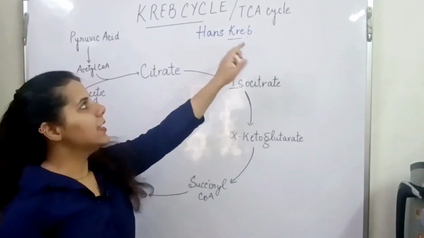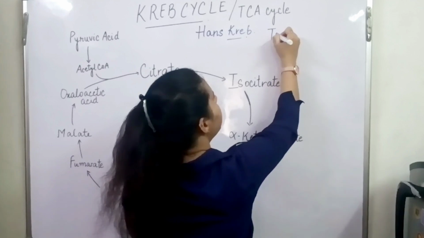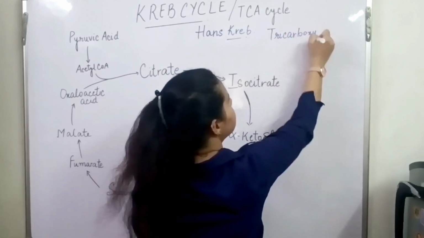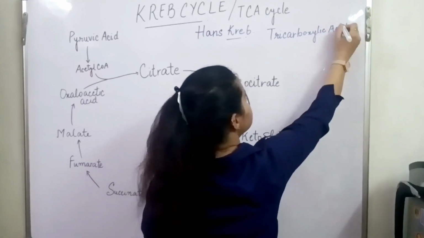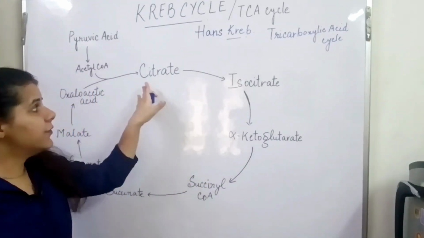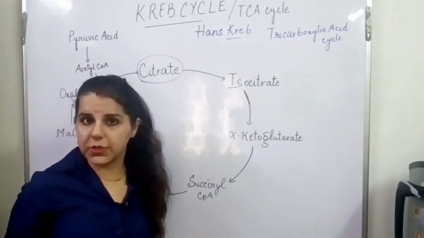Now why is the name TCA cycle, that is the tricarboxylic acid cycle? The reason is the very first compound that is formed is citric acid or citrate.